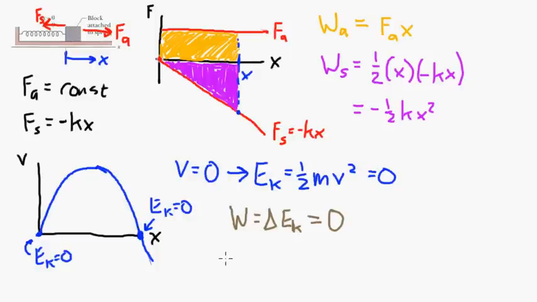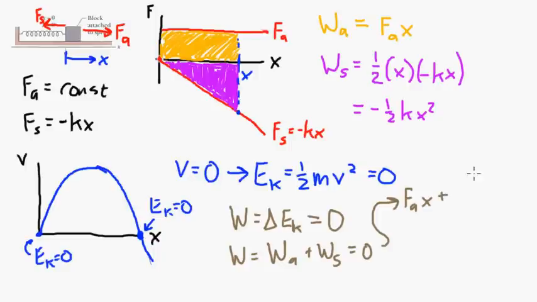Well, the work done there is the work done by the applied force plus the work done by the spring force. We want that to equal 0. So we solve an equation that looks like this: WA plus WS is 0. WA is the magnitude of the applied force times x, and the work done by the spring is negative 1/2 kx squared, which equals 0.